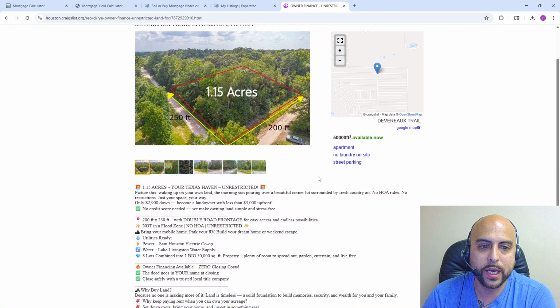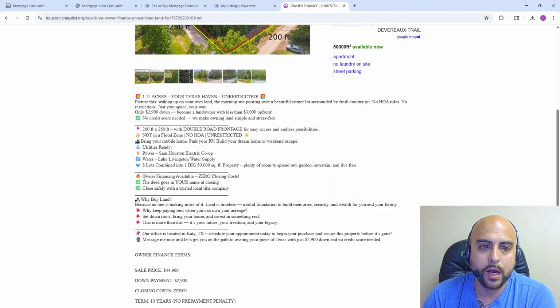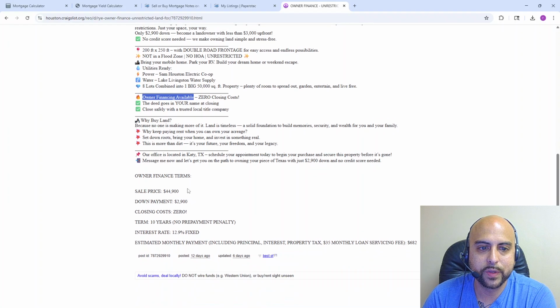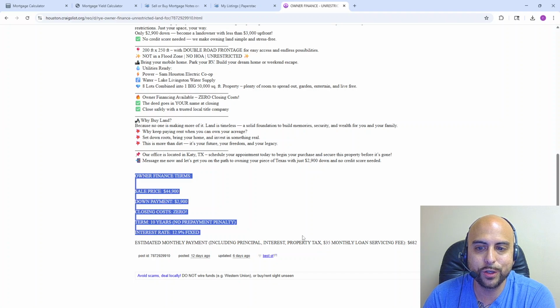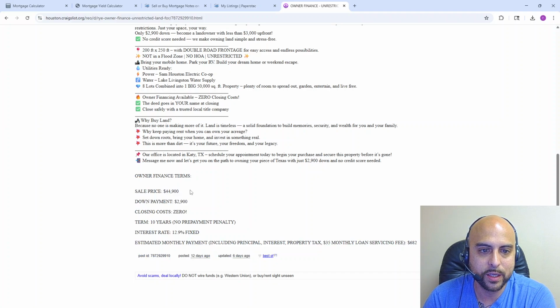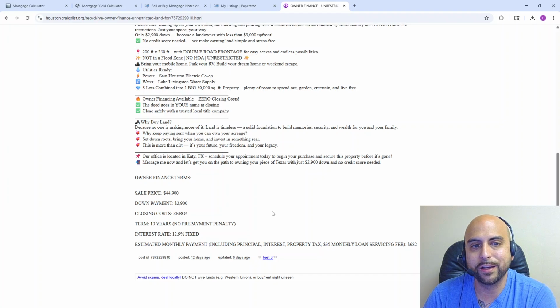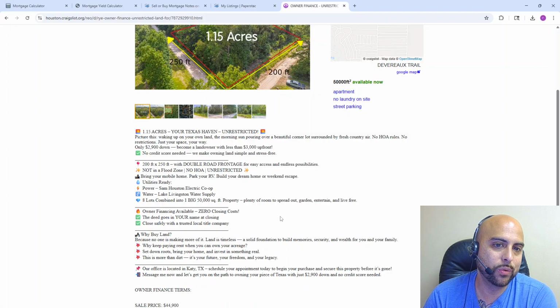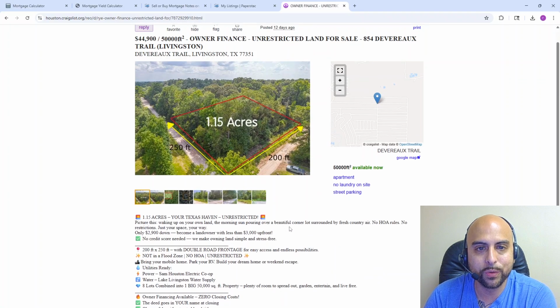If you go down, again, I emphasize owner finance. And at the very bottom, I include the owner finance terms, right? So this is clear as day. If you get an interested prospect, there's no denying it. They'll know that you are offering owner financing.